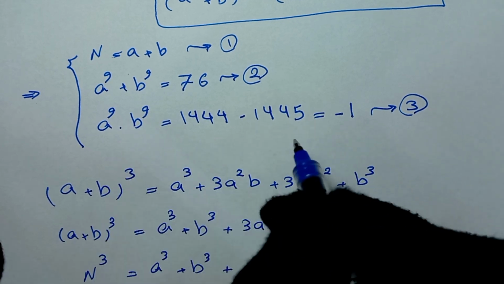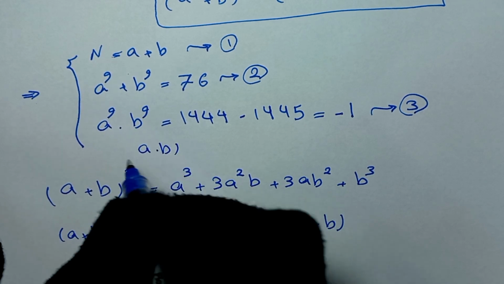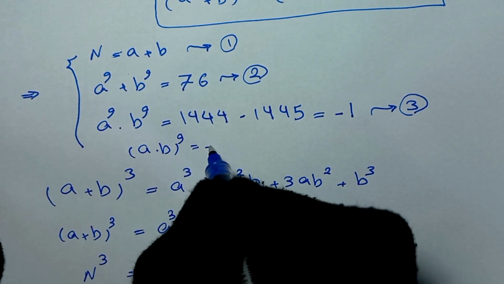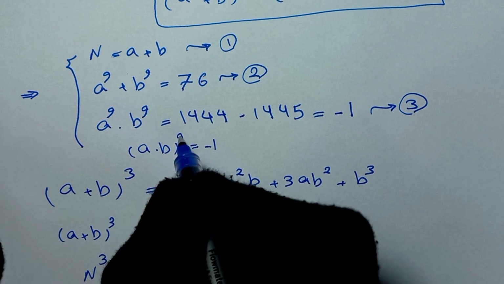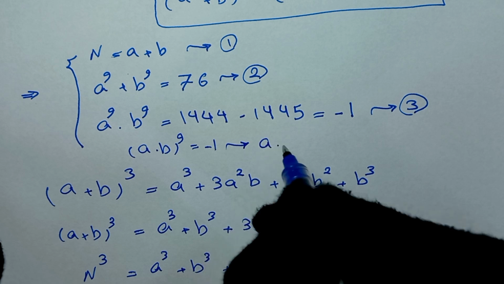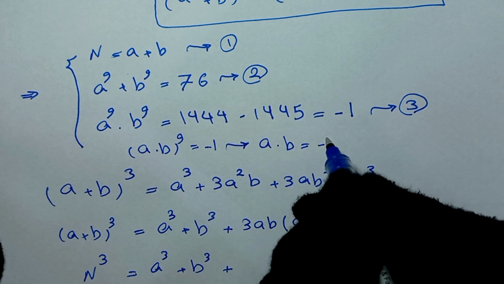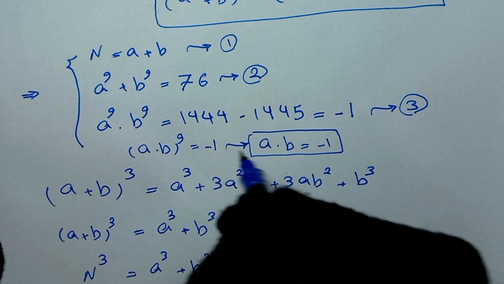So, right in here, we can write this as a times b to the power of 9 is equal to -1, right? So, this is an odd number, so in here, we can write a times b is equal to -1, right? Because -1 to the power of 9 will be -1, right?